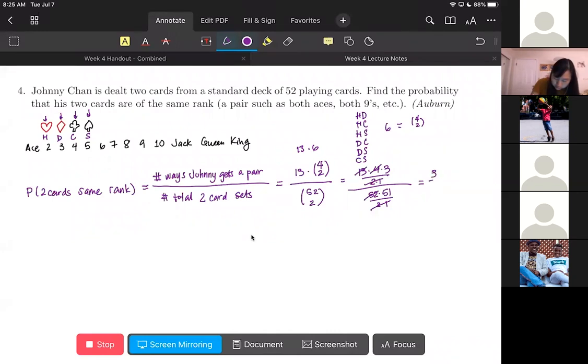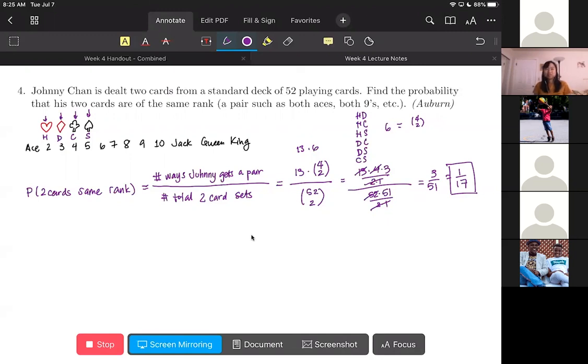So we get 3 over 51, which is 1 over 17. This is one way we can apply the formula directly, and we get 1 over 17. Before we move on, I want to explain another way we could solve this problem.